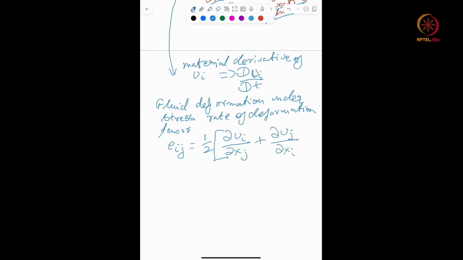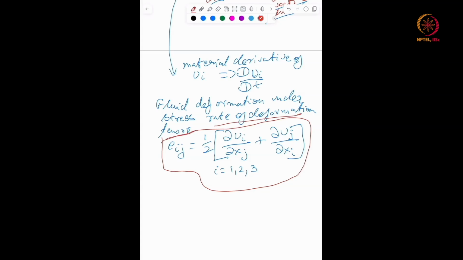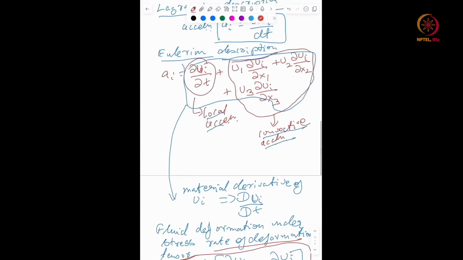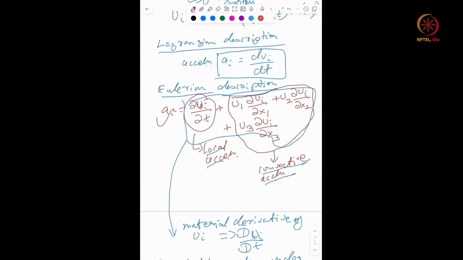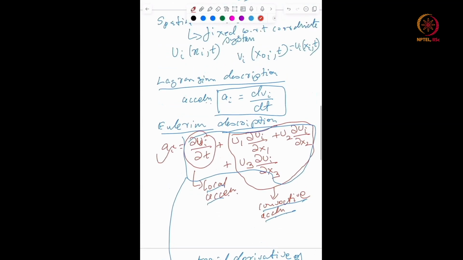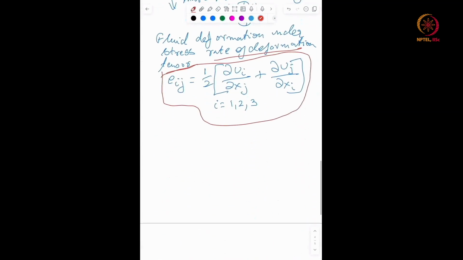This is a cross derivative, remember, where i and j are equal to 1, 2, 3. This is what we call the rate of strain or the rate of deformation tensor. This is also something that perhaps you know. Now that we know these two, the velocity description is given by a field, and the rate of deformation tensor is given like that.